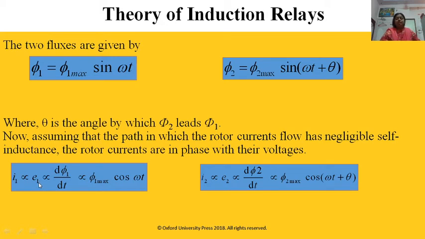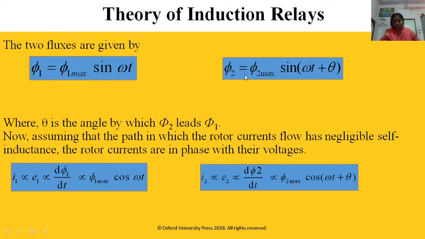E1 is the EMF induced according to Faraday's law of electromagnetic induction. This EMF is d phi by dt. Now d phi1 by dt, where phi1 is given as phi m sin omega t, so we can replace phi m by phi 1. Now this will be omega phi 1 cos of omega t. It is proportional to phi m cos of omega t.